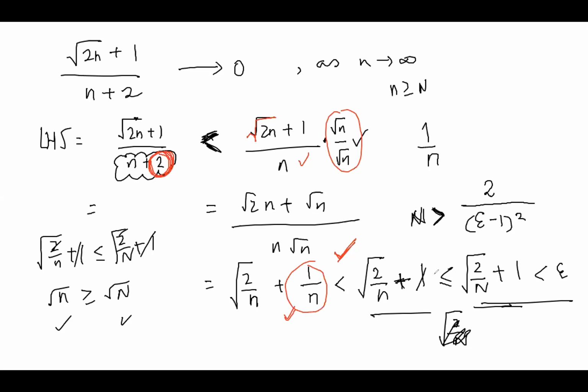Over here, you can bound it with 1. You can also bound it with square root of 2 over n, right? Because square root of 2 is larger than 1, so this is okay. And for the denominator, n is larger than square root of n, so this will be okay. If you use this bound, the inequality will be simpler.